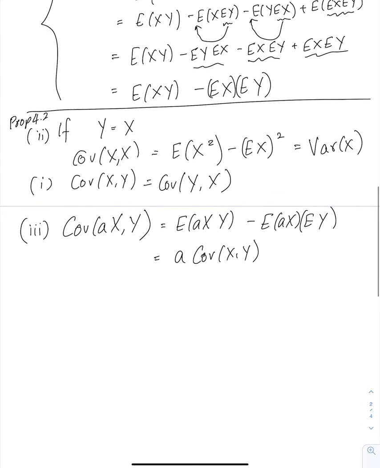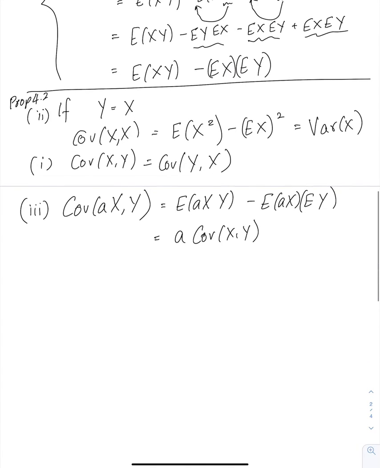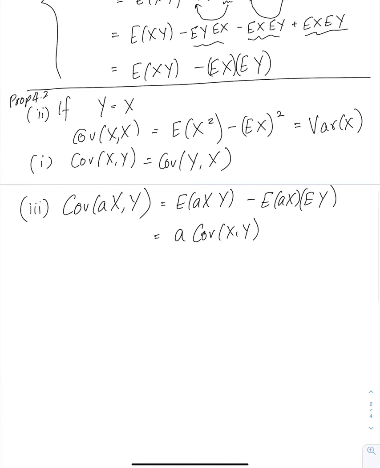Okay, and now let's look at the most involved of the parts from proposition 4.2, and that is the covariance of a sum, i equals 1 to n of xi's, and a sum of yj's, j equals 1 to m. Okay, what will this turn out to be?